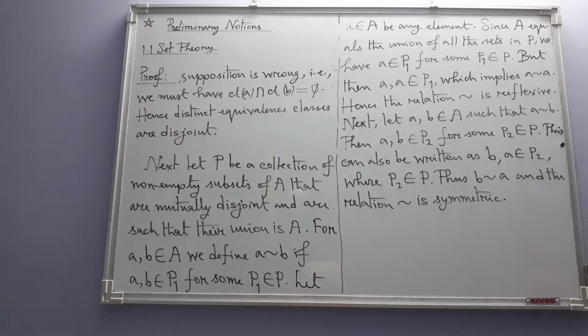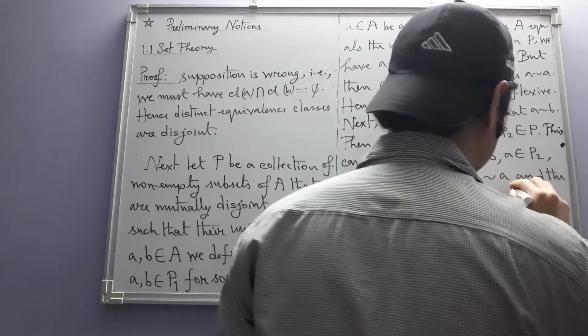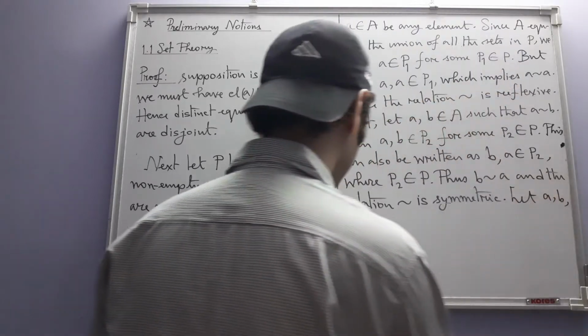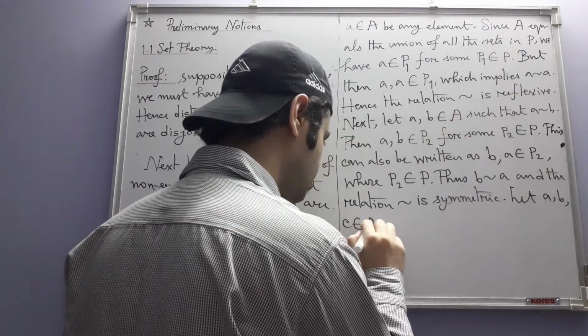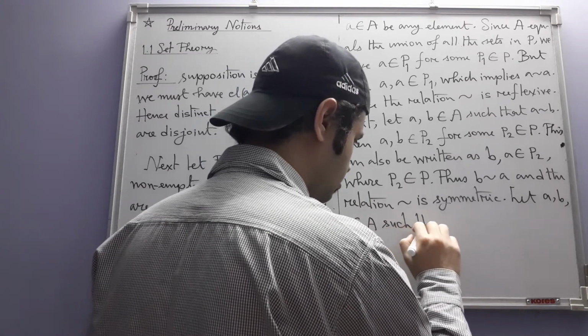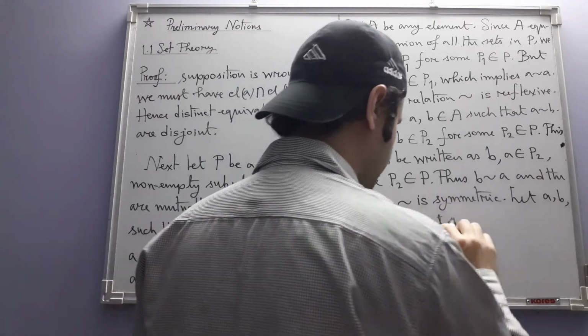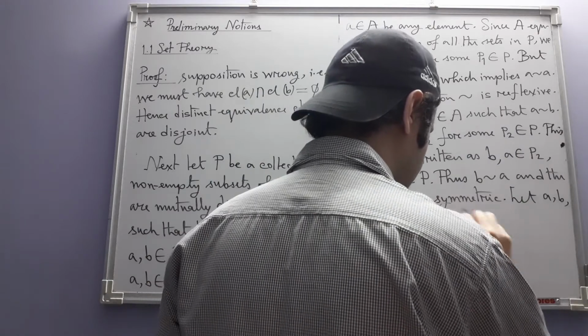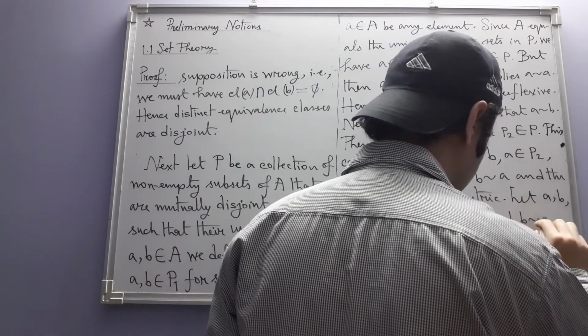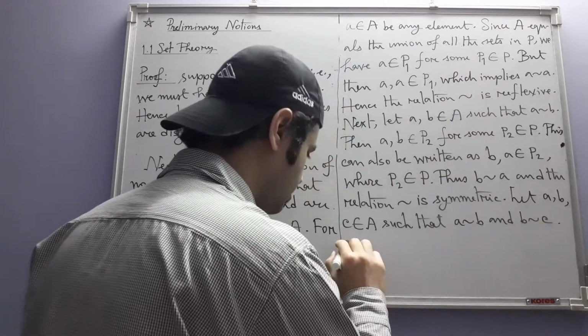Okay, next we have to prove transitivity. So let a, b and c be three elements in A such that a is related to b and b is related to c.